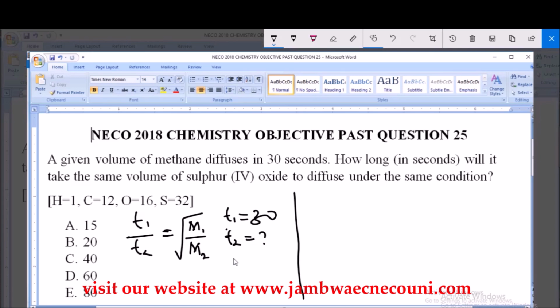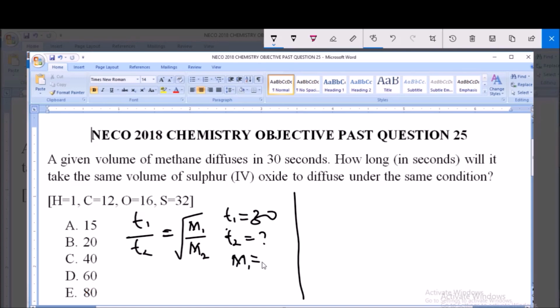Now, M1 will be the molar mass of the methane gas, and like you know, methane is CH4, and that is equal to 12 plus 4 times 1, and this will give us 16. So the molecular mass of methane is 16 gram.